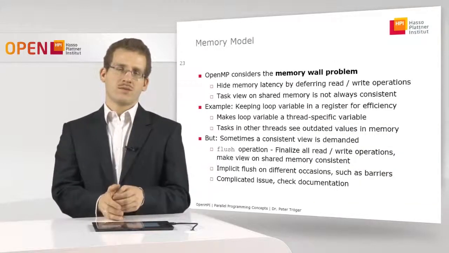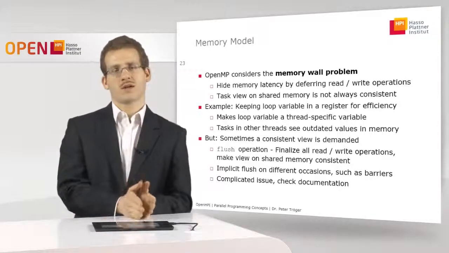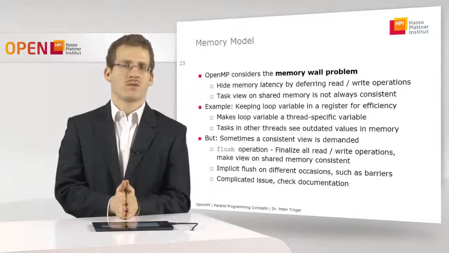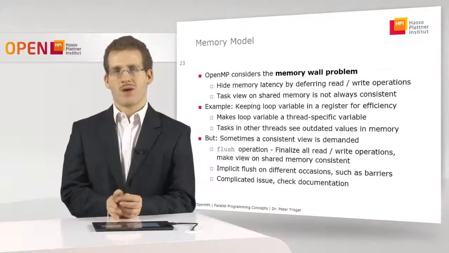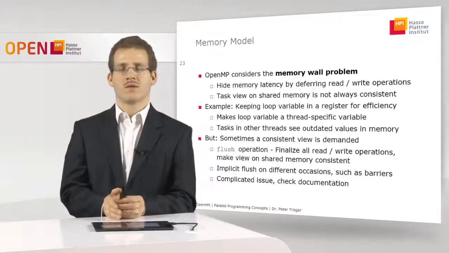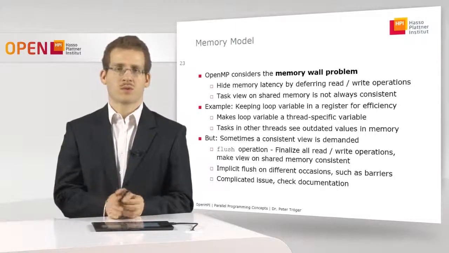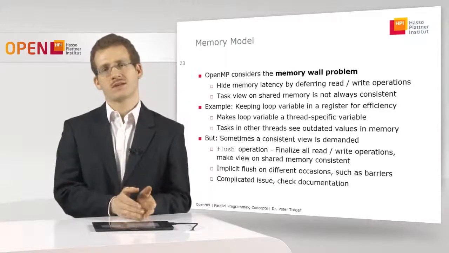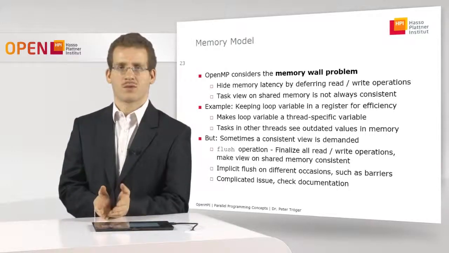A more general thing that turns out to be relevant when you discuss data sharing, for example with private variables, is the memory model of OpenMP. Memory model is the idea of declaring how a language or a language extension should behave in terms of reading and writing a variable. The typical assumption you would have as a programmer is that if you write a particular global variable in one of the tasks, this value should be immediately visible in all the other tasks for reading.